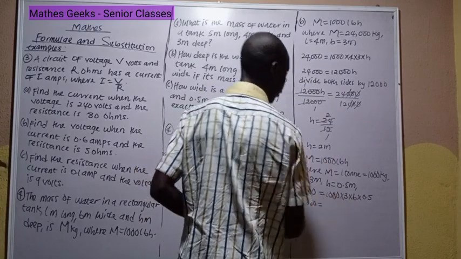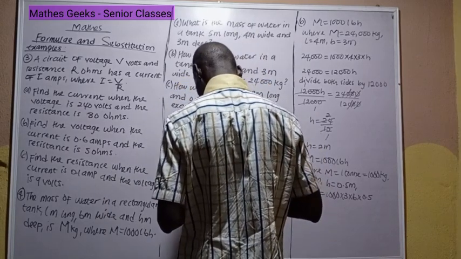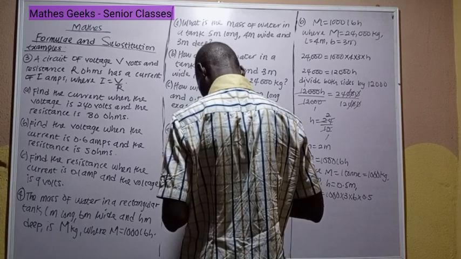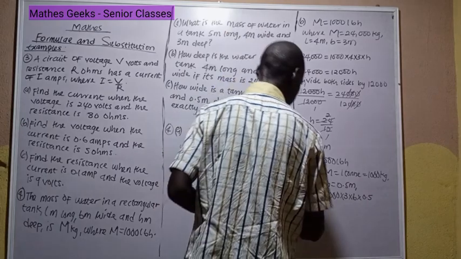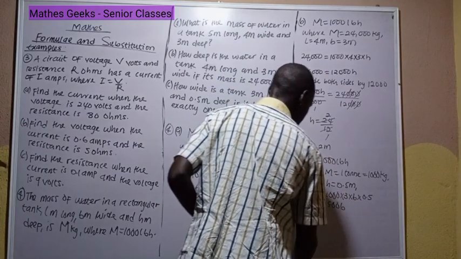So 1000 times 3 is 3000. 3000 times 0.5 is 1500. So 1000 equals 1500 times B.